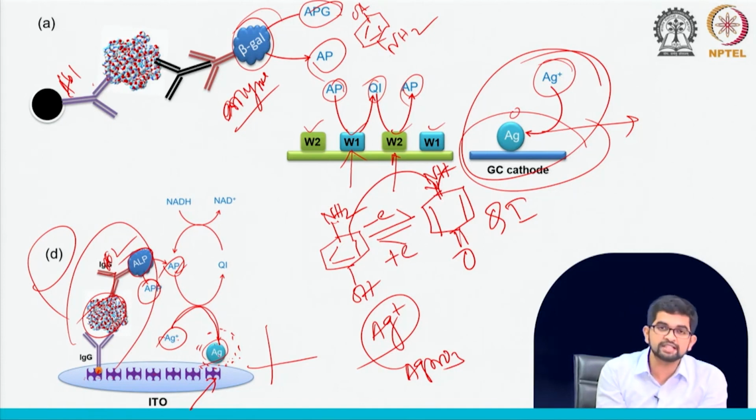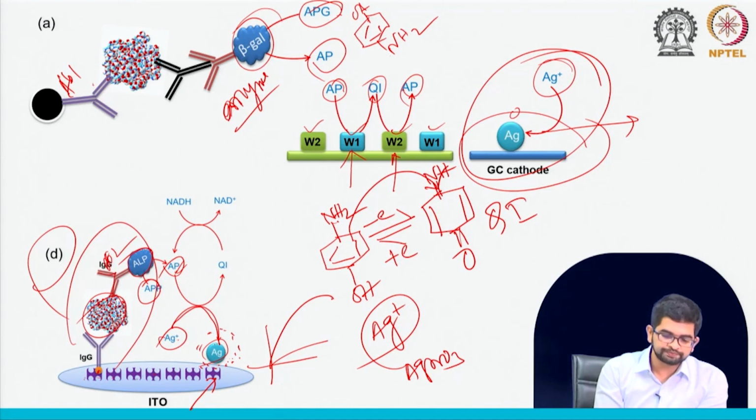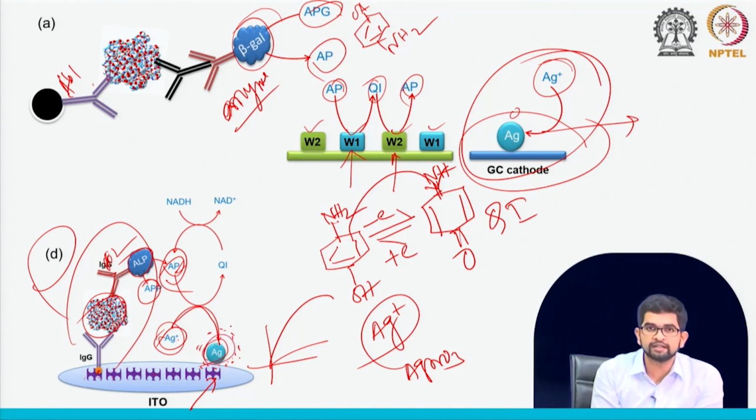If you have a small number of silver, maybe you will get one signal. If you have very many silver particles, then you will get a higher signal. So, if you have more AP, then more silver plus will form more silver on the surface.